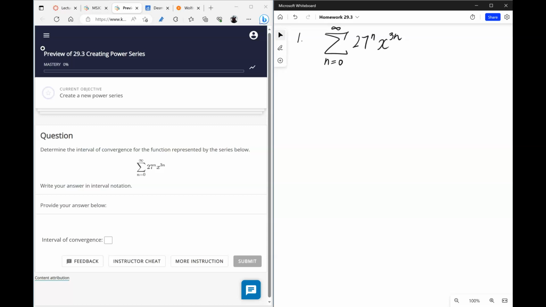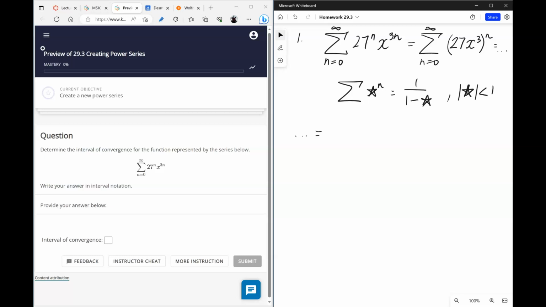We can play with this series just a little bit and write it like this. And then we can recognize this pattern and conclude that this series is actually equal to this function.